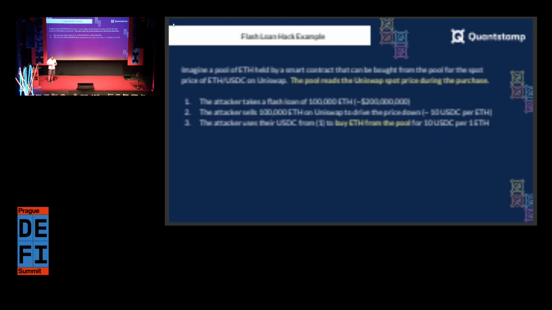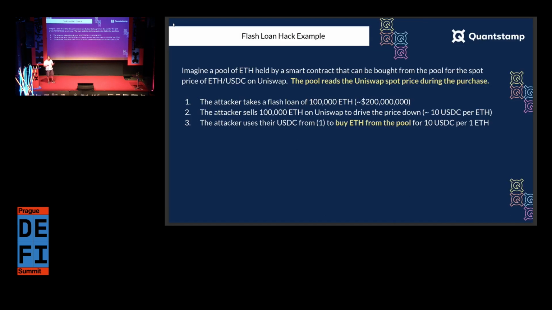And then, still within the same transaction, they would take that USDC, go to the pool and say, hey, dear pool, I have a lot of USDC right now. Please sell me all that ETH that you have. And the pool would check the price on Uniswap, see that this is $10, and start selling this ETH for $10. But we all know that this, at least right now, and hopefully forever, doesn't really match reality.